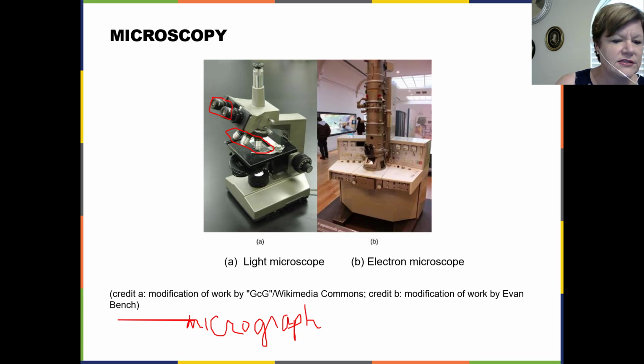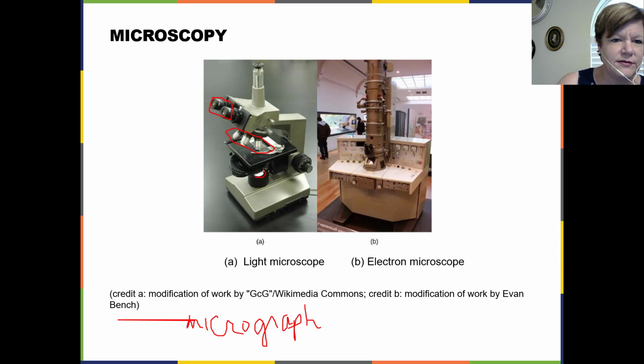Depending on the scope, the ones we use have a magnification of 10 on the eyepiece, and then the objective lenses would typically be 4, 10, 40, and 100. Those would be pretty common, but different microscopes can have some different lenses. In any case, it's called a compound light microscope.